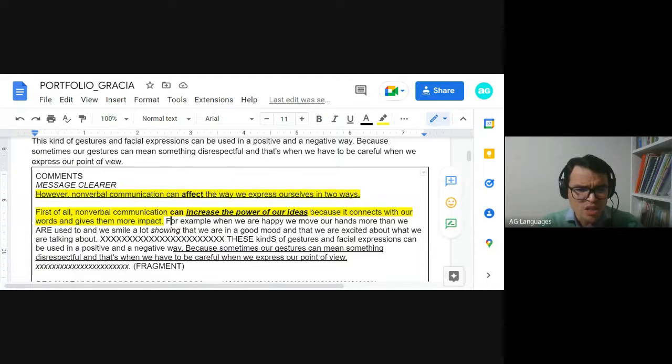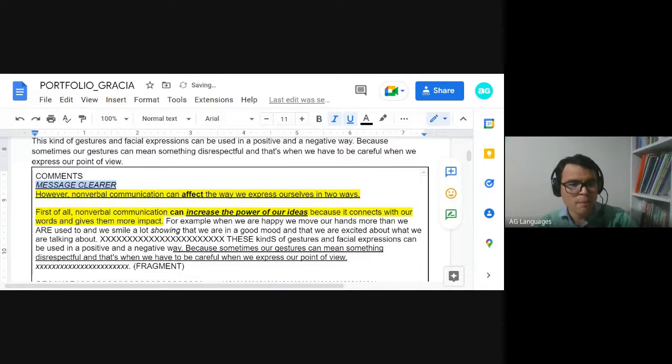So here, if I read this, I can tell that the first way in which nonverbal communication affects communication is by increasing the power of your ideas. So nonverbal communication can make your message clearer. I think that's what this student is trying to say.